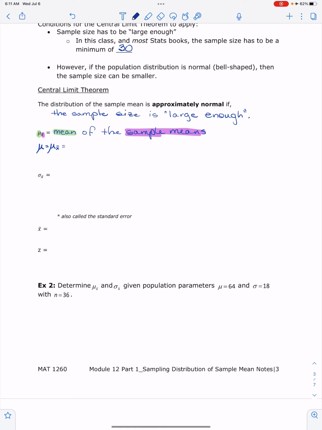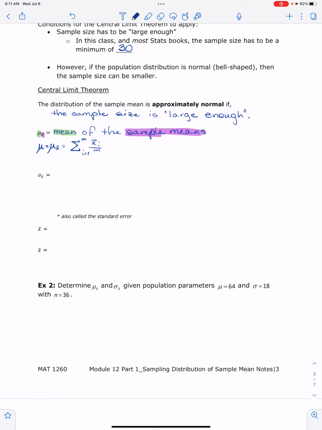Now the population mean, that's our original mu, is going to be the same as the mean of these sample means. And here's how we find this. We take the sum of all of our x bars. So from i equal 1 to m, that just means when i is 1, that is my first sample.